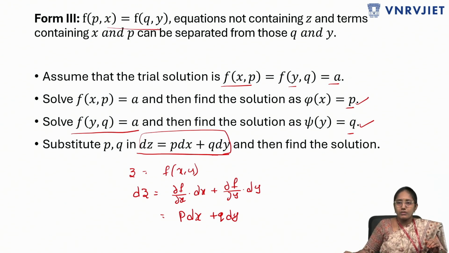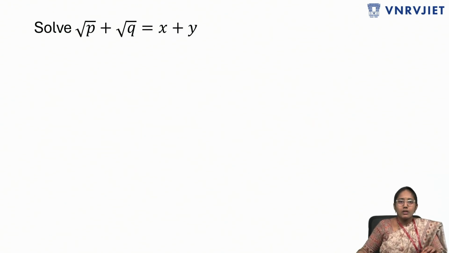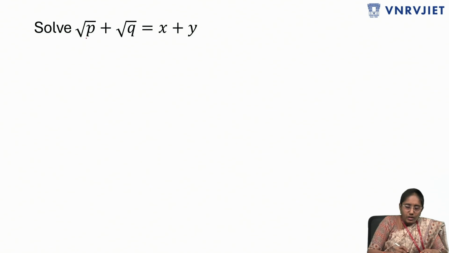We'll look into one example. Now observe, solve root p plus root q is equal to x plus y. First we need to observe whether this equation can be rewritten in the form of f of p comma x is equal to f of q comma y.